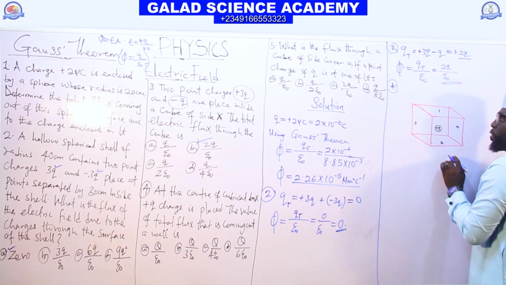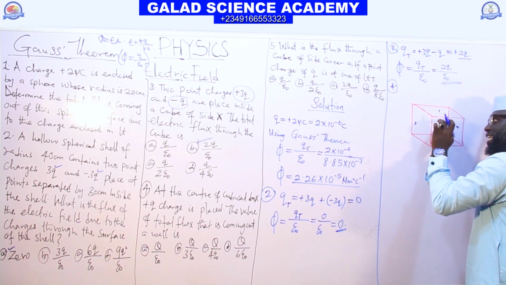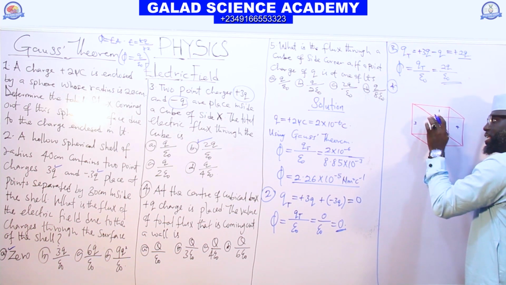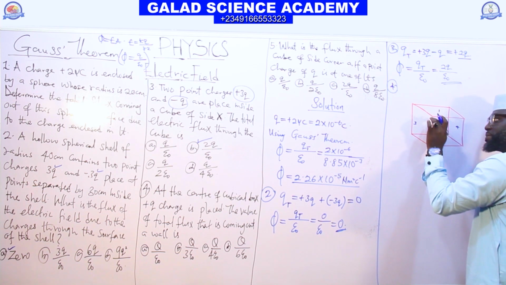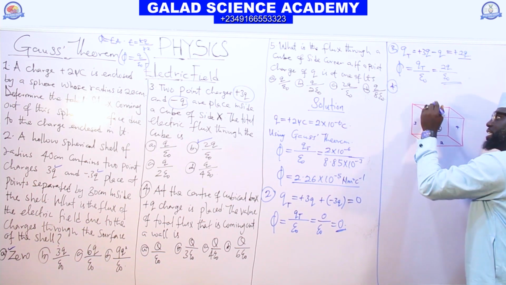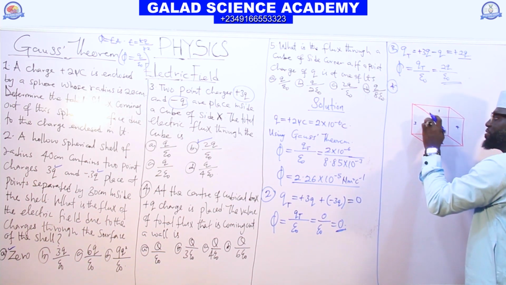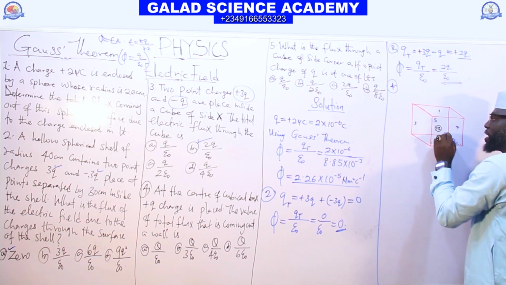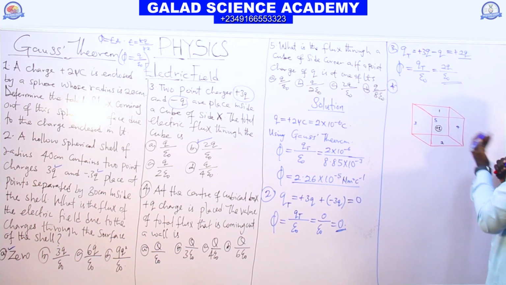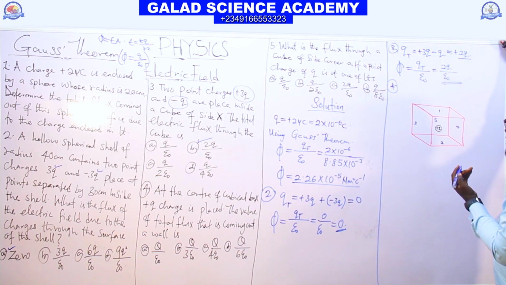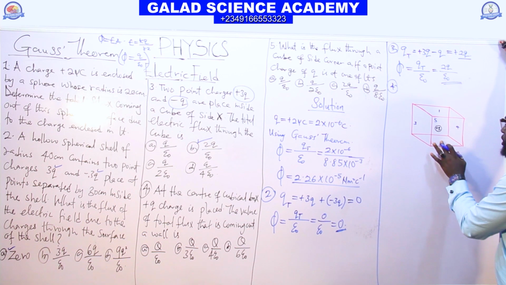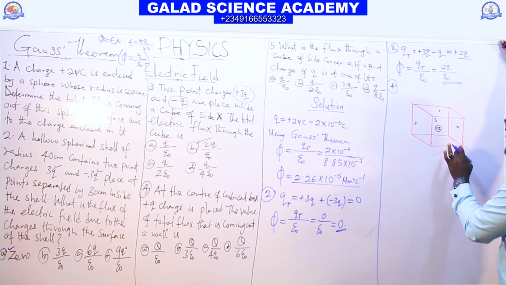This side is 4. Another side here is 5. And we have another side here, which is 6.